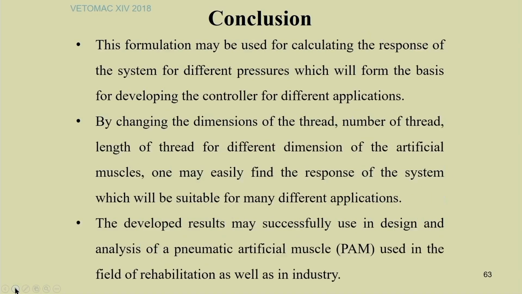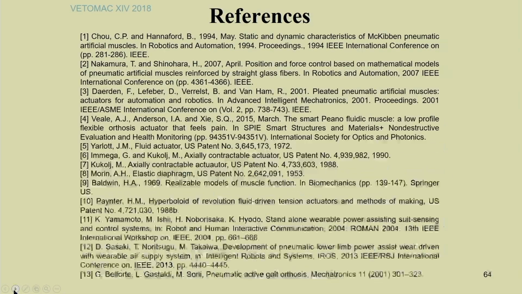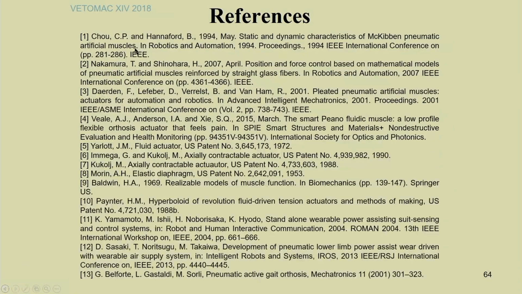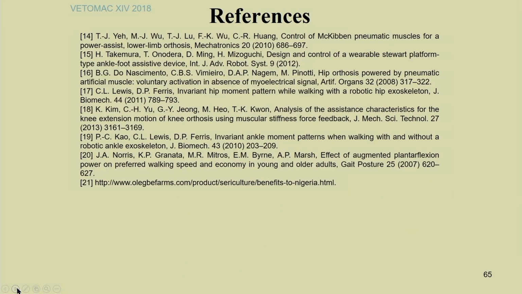Later I will tell how to plot these basins of attraction also. There are many references that I have shown you. A part of this work was presented at the Bitomac conference in 2018. You can study some of these references for artificial muscle.